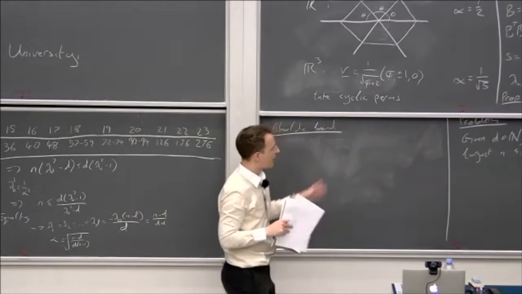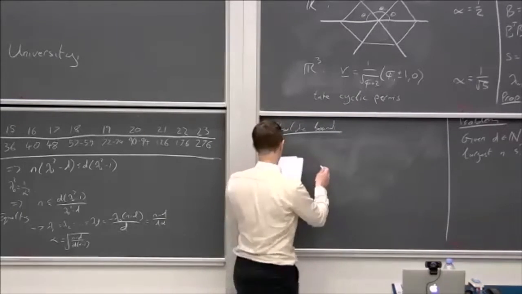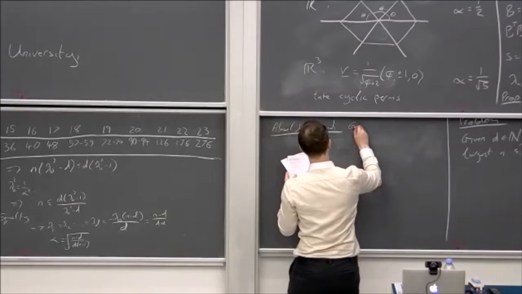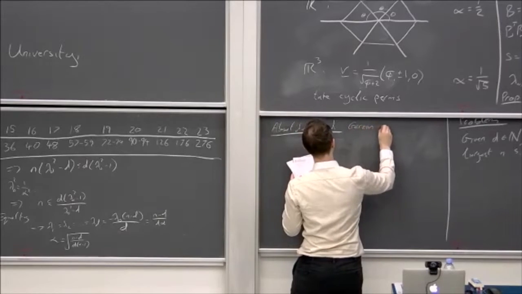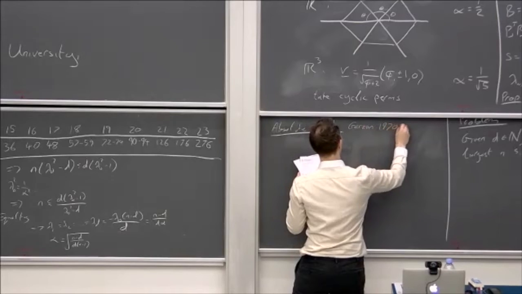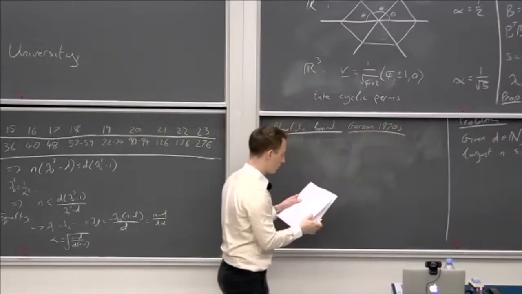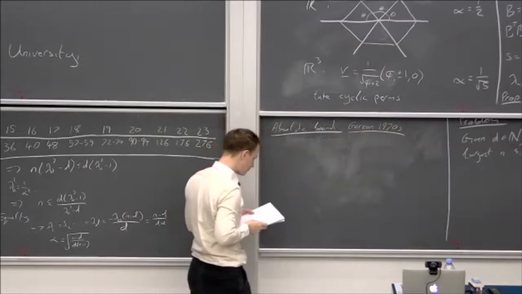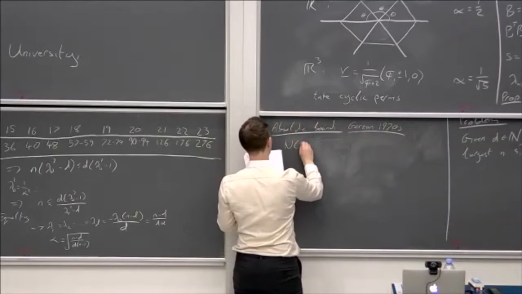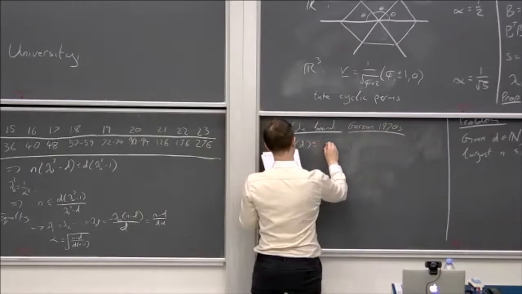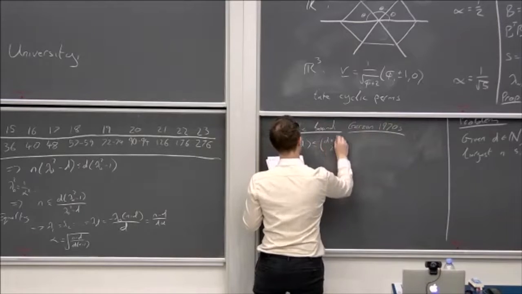So by the way, these bounds date back to the 1960s and 70s, and this one is attributed to Gerzon, even though he wasn't one of the authors of the paper that it appeared in. And the absolute bound tells us that n of d is at most d plus 1 choose 2.